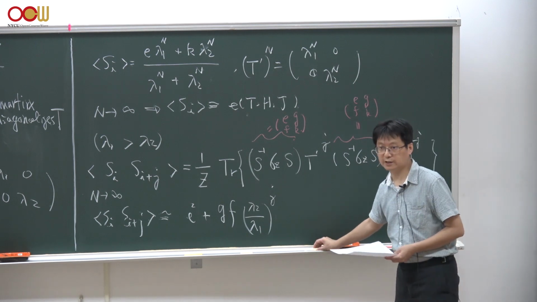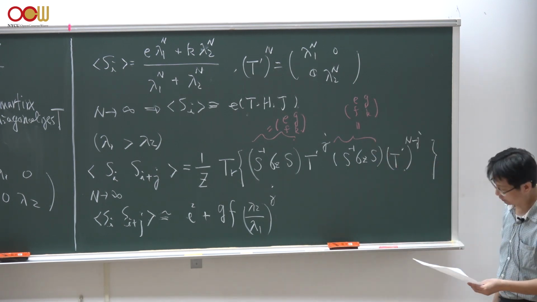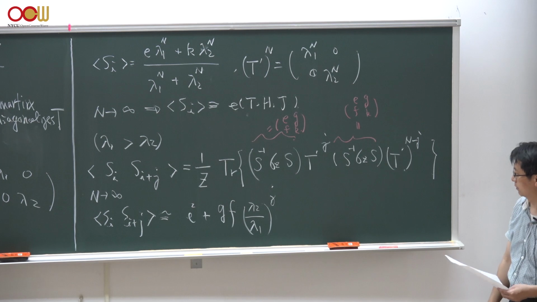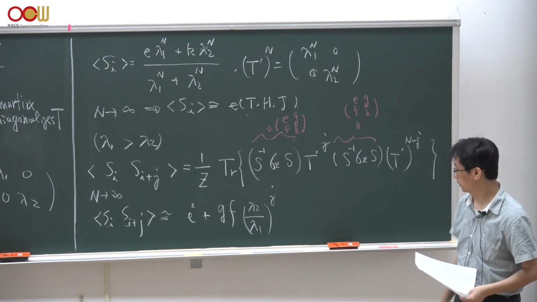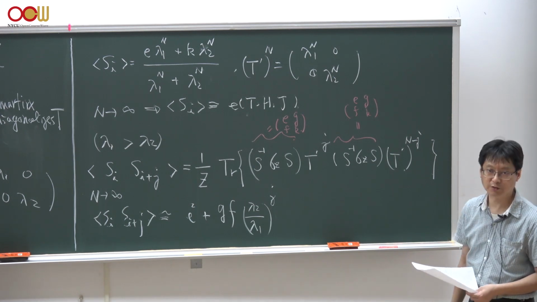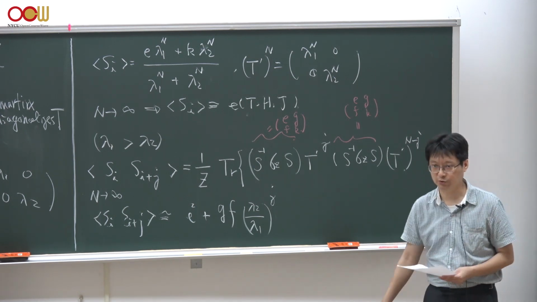Okay, so let's take a short break. When we come back, we will continue finishing this calculation of two spin correlation functions, where the two spins can be anywhere on the chain, by using the transfer matrix method.